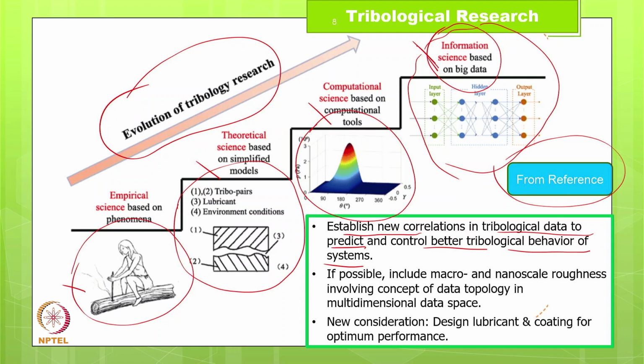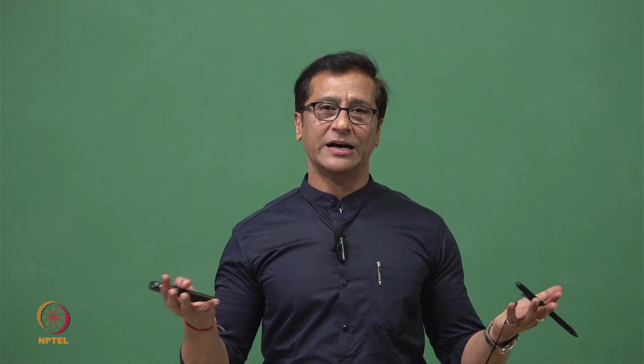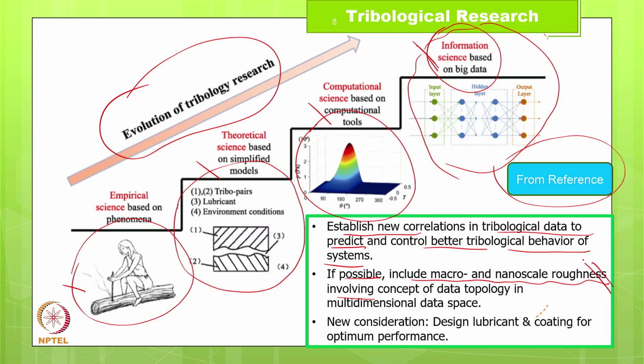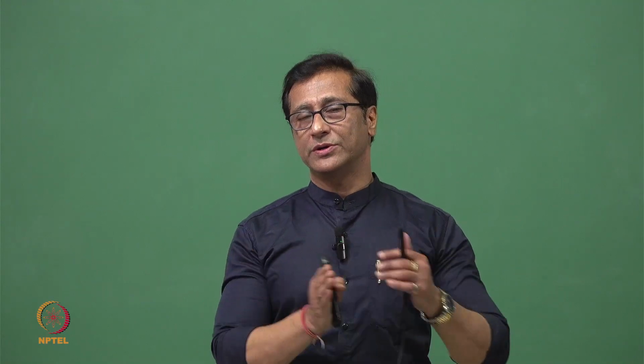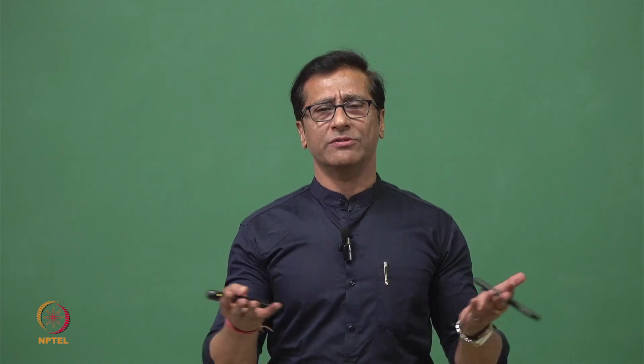That's very, very essential. Now here I am also saying, if possible, include macro and nano scale roughness. Data may be available, and now we are learning that roughness plays a major role. Quite possibly the earlier data don't have surface roughness values. So can I virtually create some surface and think, yes, this model is suitable maybe because of this surface roughness? It may not be absolutely correct, but it will give us a lot of learning.